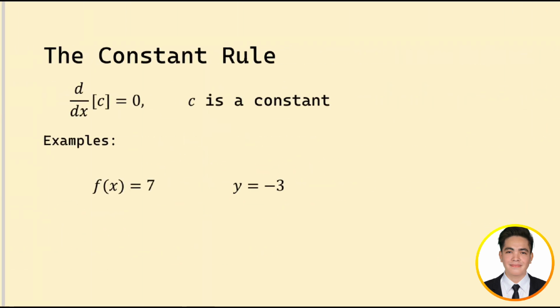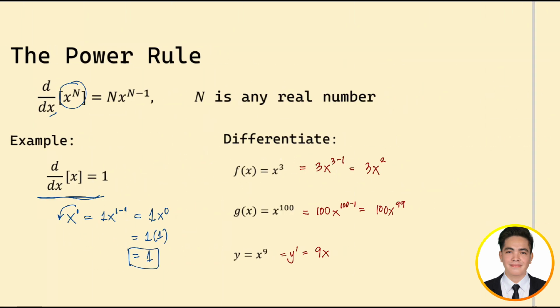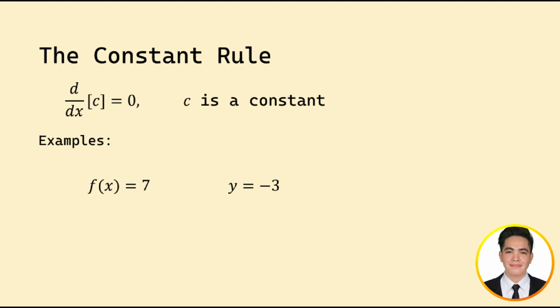The next rule is the constant rule. So it is pretty easy. It says here that the derivative of a constant is always 0. What is a constant anyway, by the way? A constant is any number. So wala siyang any variable involved like x.